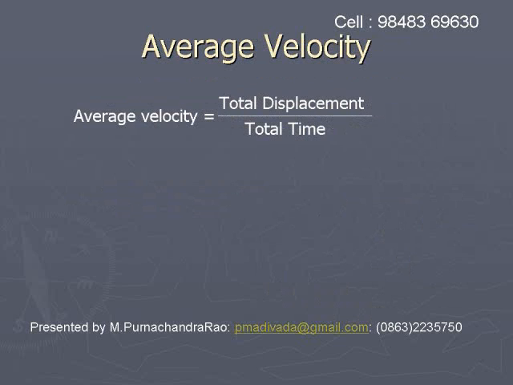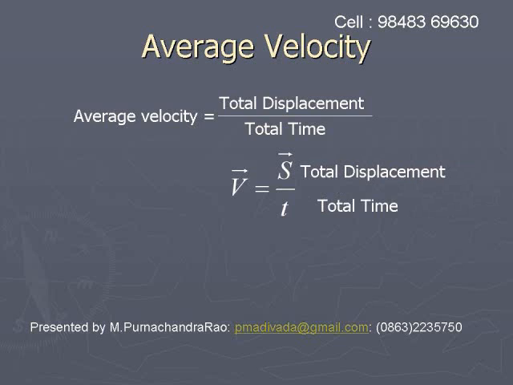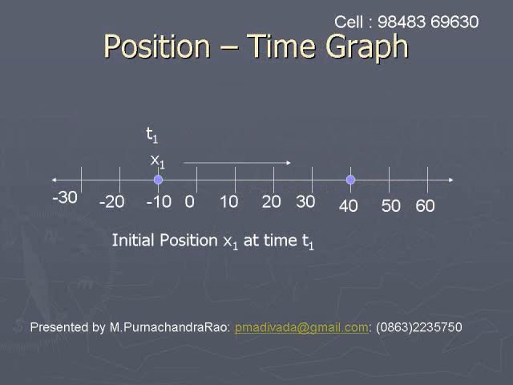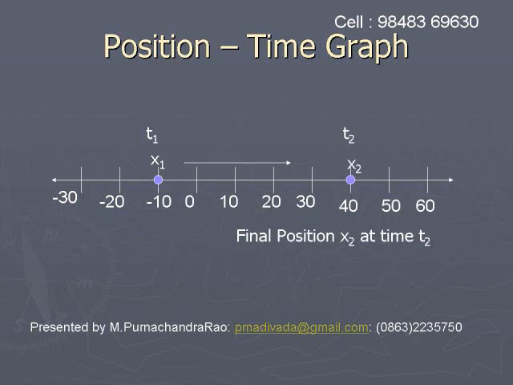Average velocity. Average velocity is defined as total displacement by total time. If the total displacement is s bar and the time taken is t, then v bar is equal to s bar by t. In another way, suppose a body is at position x1 at time t1, and at time t2, it is at the position x2.